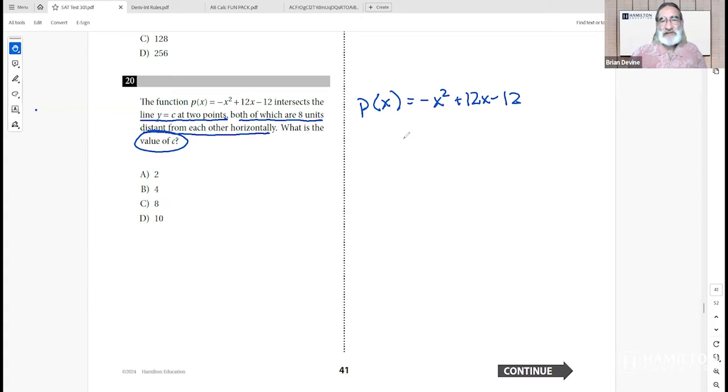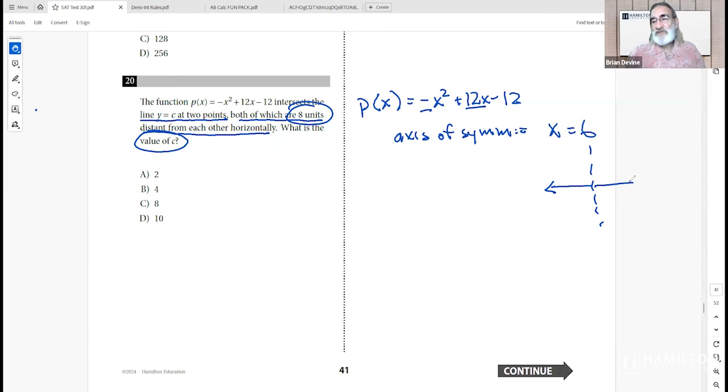I can see right away that the axis of symmetry is going to be when x equals 6, negative 12 over 2 times negative 1. And if that's in the middle, and these points are 8 units apart, well, if I go 4 this way and 4 this way, that'll be 8 units apart.